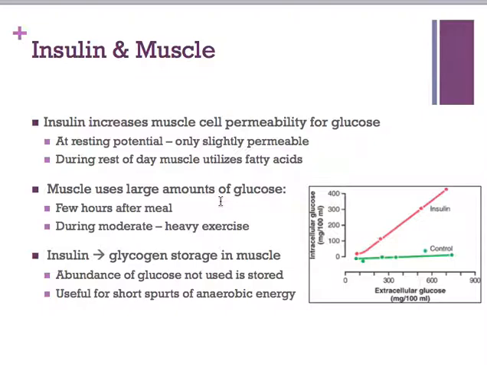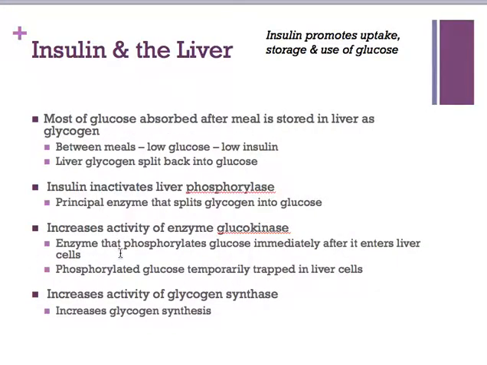Insulin also encourages glycogen storage in muscles so that glucose is not hanging around in the bloodstream causing damage. It can be stored in the muscle as glycogen. And glycogen can be broken down very, very easily and quickly, and it's great for short spurts of anaerobic energy when we don't have physical oxygen and ATP cascades. So it's a great source of energy, and we need to have insulin to physically traffic it there.